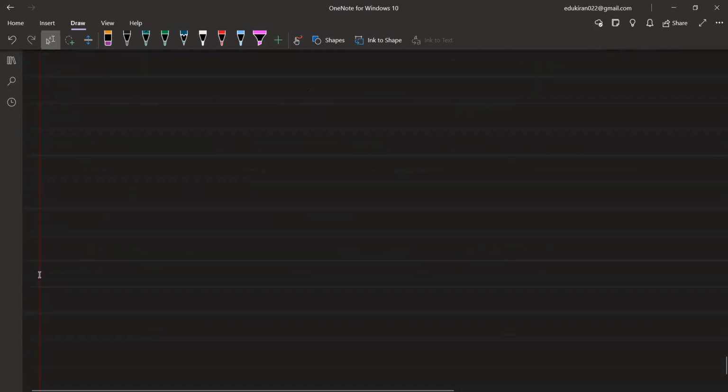Right, next. The second reaction that carboxylic acid gives is formation of anhydride.